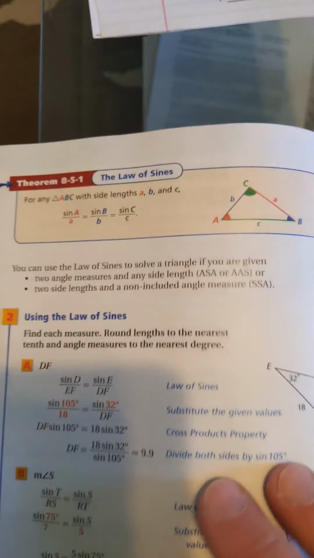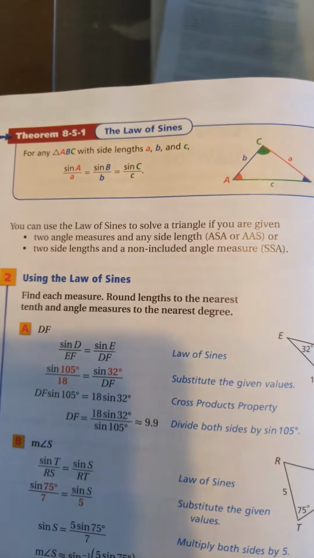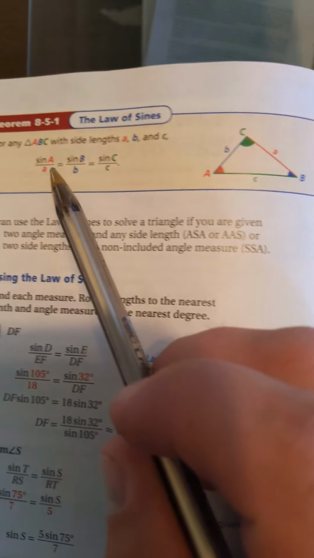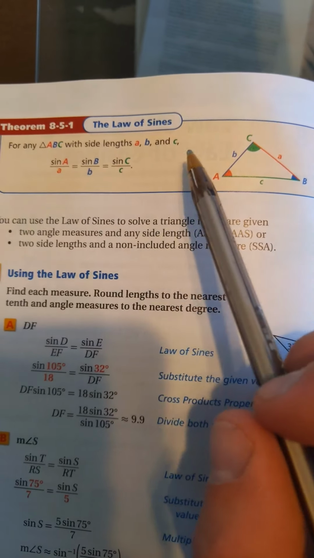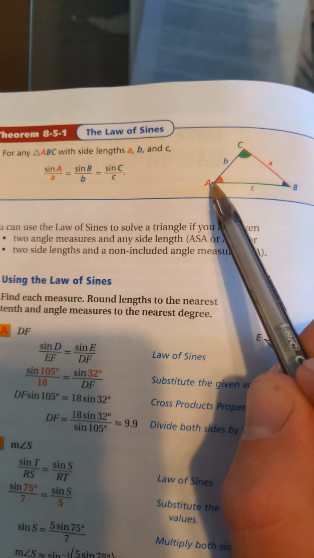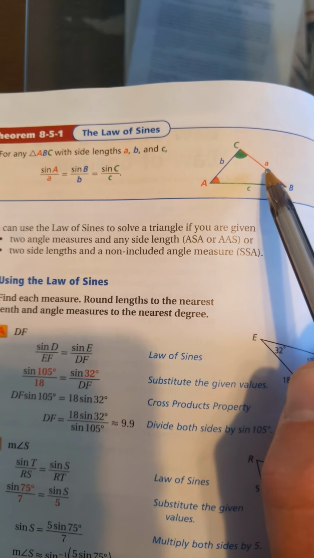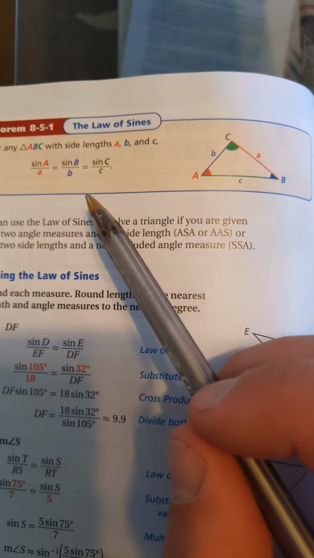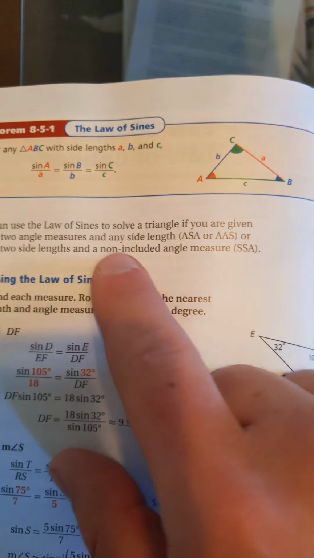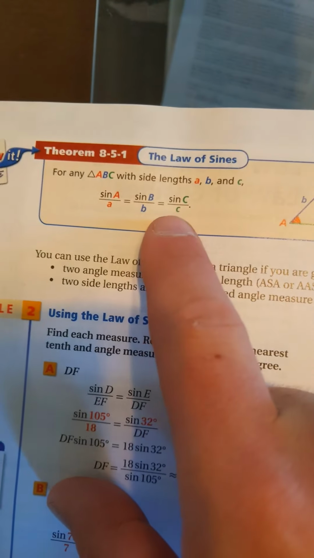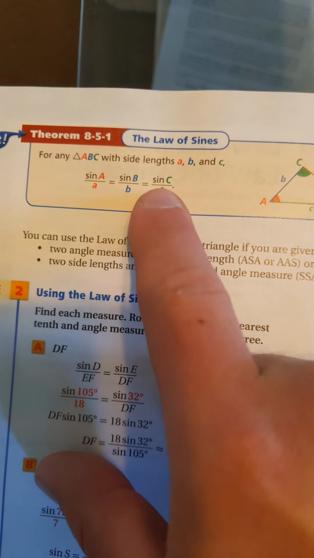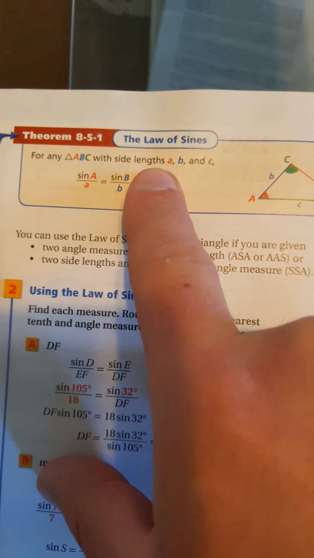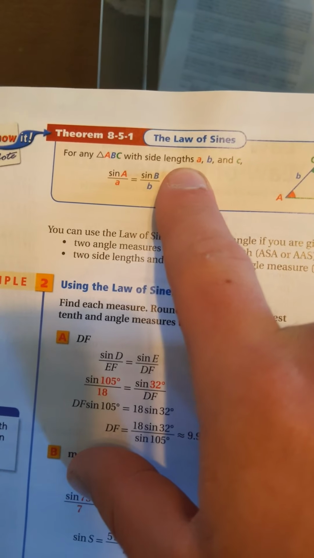Starting out with the law of sines. First things first is to see this equation right here. Sine of capital A, which is an angle measurement, is opposite the side of lowercase a. The angle is opposite of the side length, and same with B and C. One thing is you will never use all three of these at once. You can't have two equal signs in an equation. It's just a comparison of the ratios.